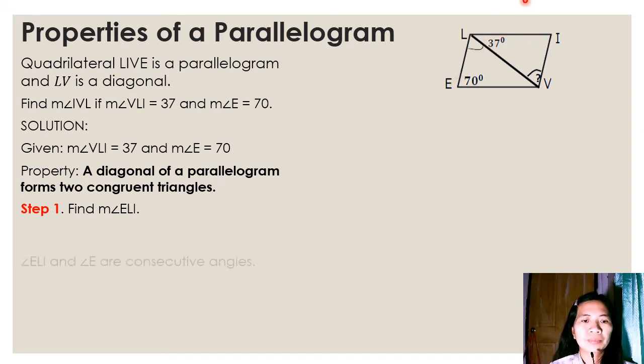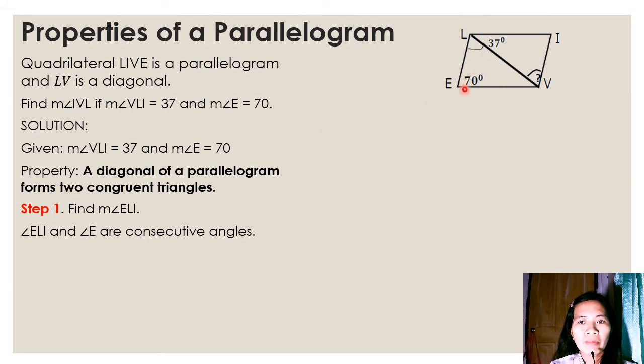Angle ELI and angle E are consecutive angles. If they are consecutive angles, the sum of their measures is 180 degrees. They are supplementary.